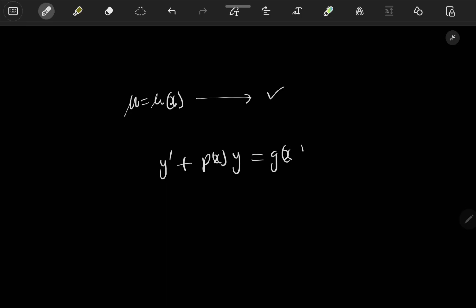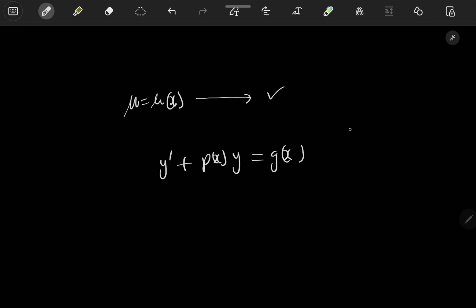Okay, mu is a function of x. Let's start there. Let me say you have y prime plus p of x times y is equal to some g of x.